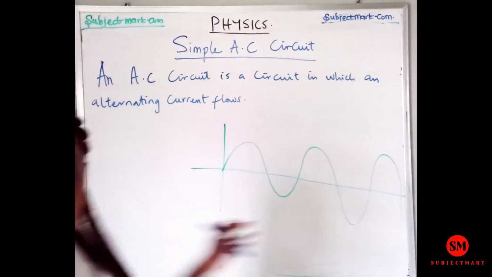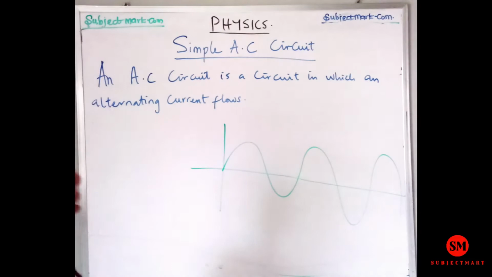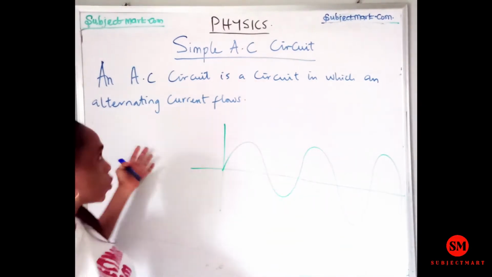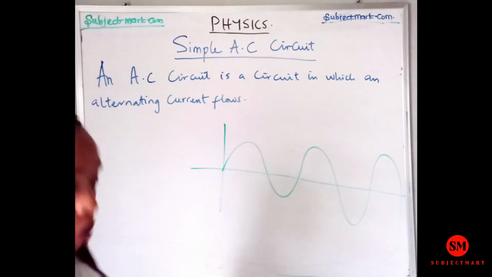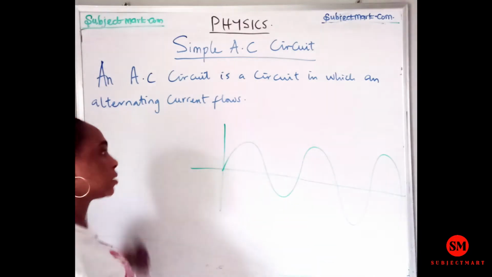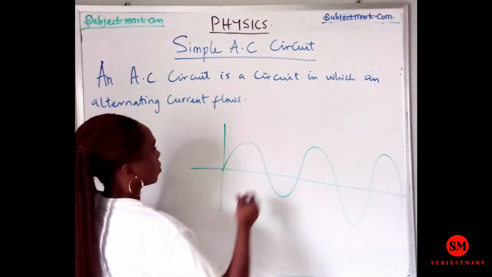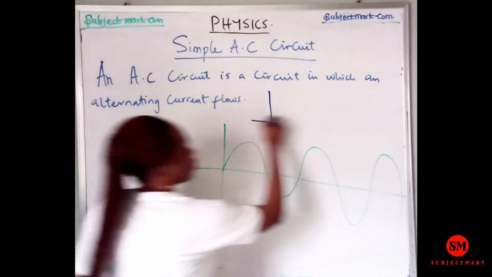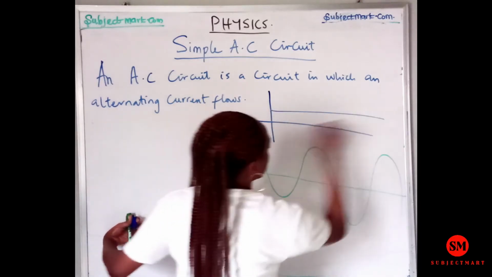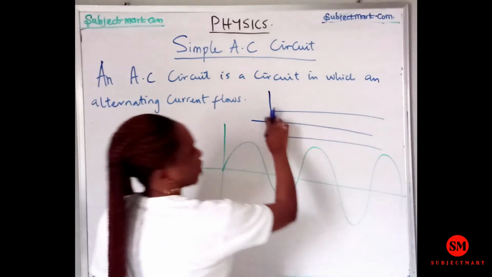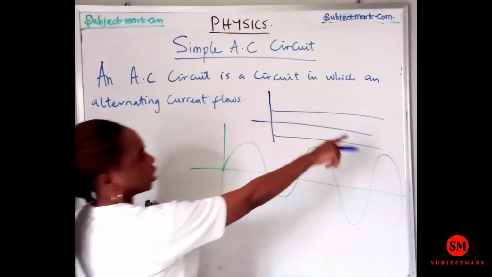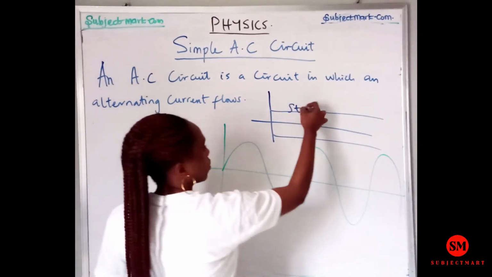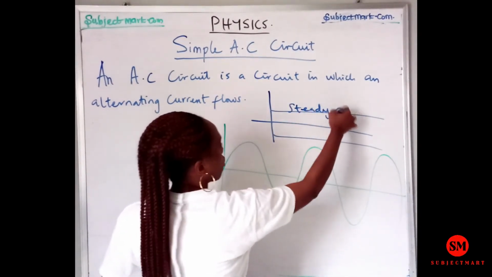While a DC circuit, on the other hand, is a circuit in which a direct current flows. And the direct current is usually something like this. As you can see, there's no change in direction, so a steady flow of current.